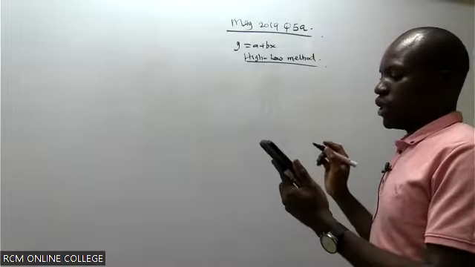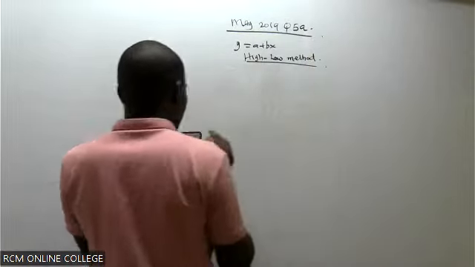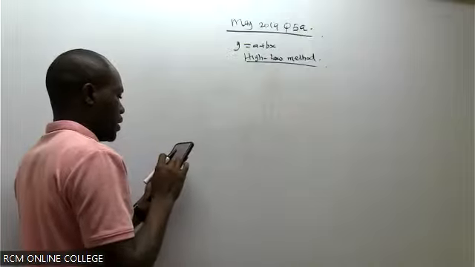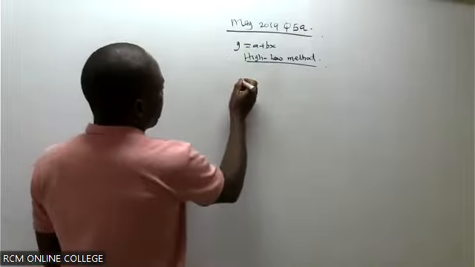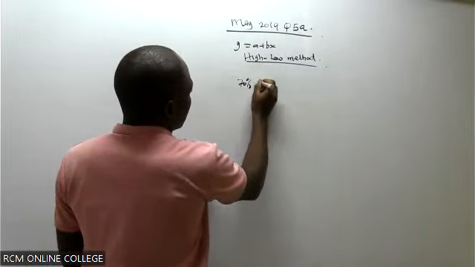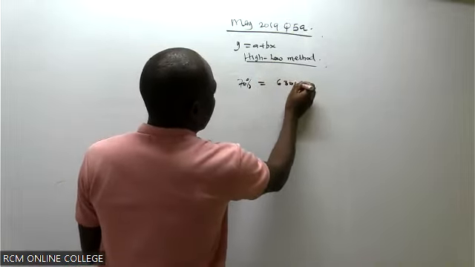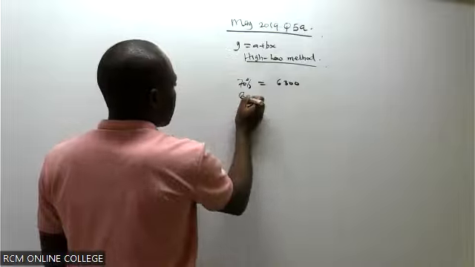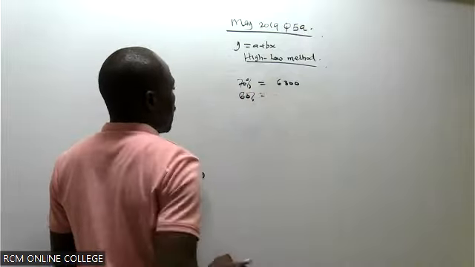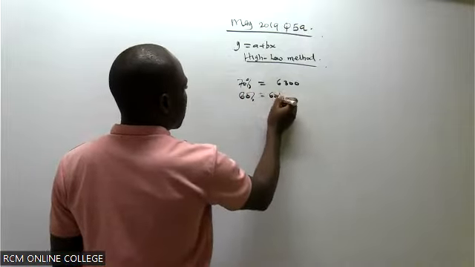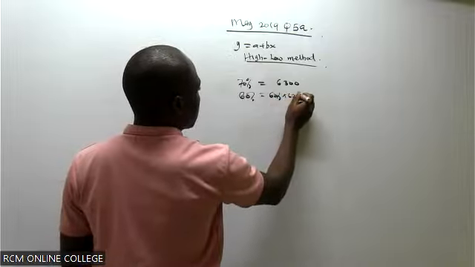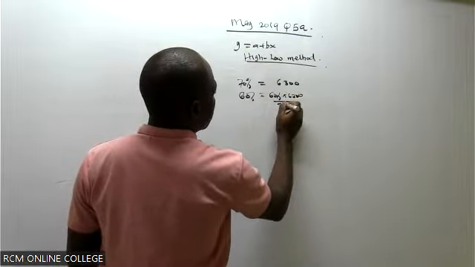Let's look at the actual units. Tumeambiwa at normal activity level, which is 70%, is equal to 6,300 units. Are we able to go ahead and get at 60%? At 60%, tutakuwa na 60% by 6,300. You divide by 70%.